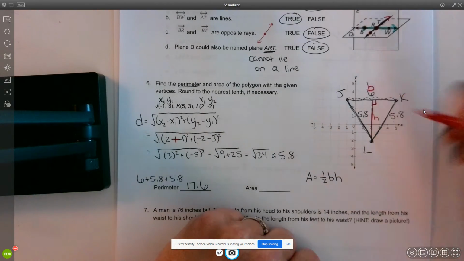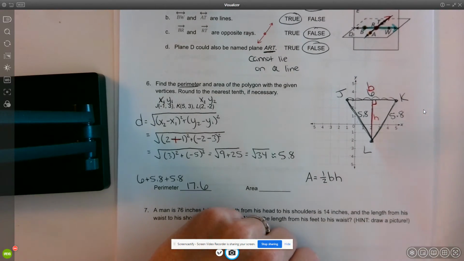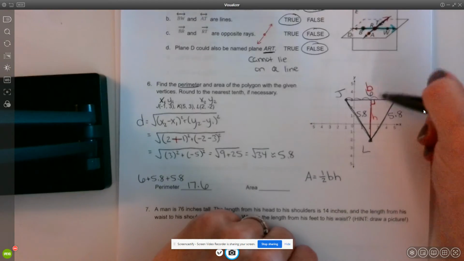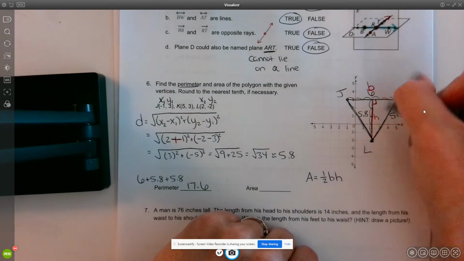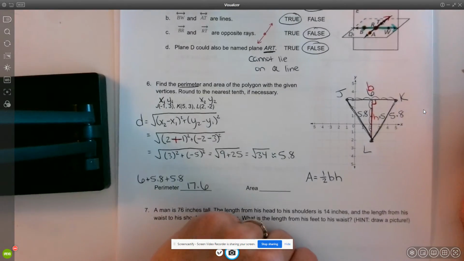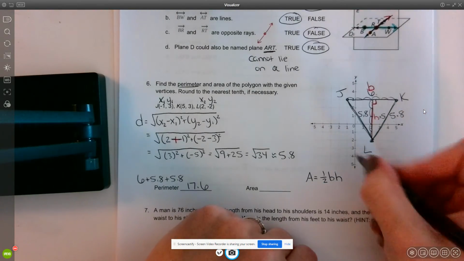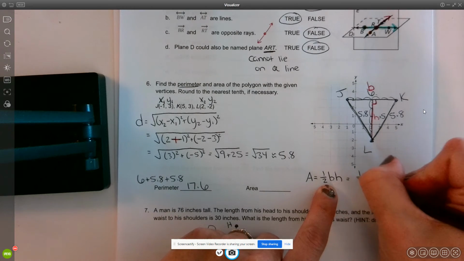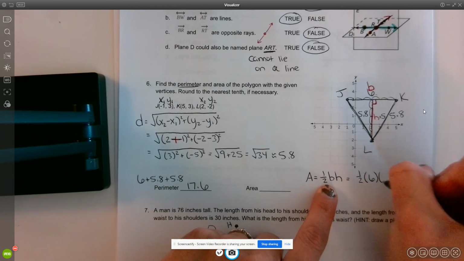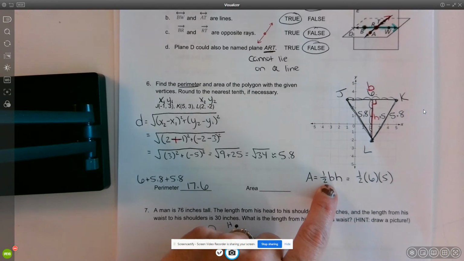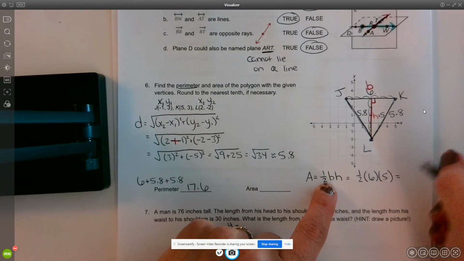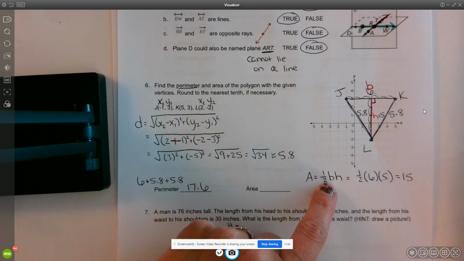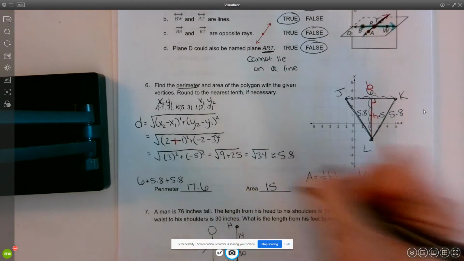So this is my height, which I can count because it's a vertical line. Let's see, 1, 2, 3, 4, 5. So I'm going to take 6 and 5 and plug them into my area formula. 1/2 times 6 times 5 gives me an area of 15 square units.